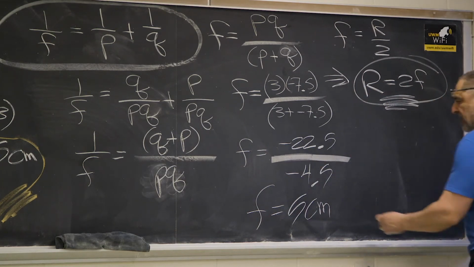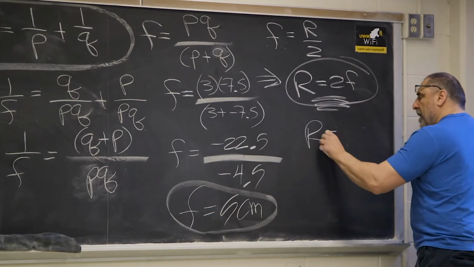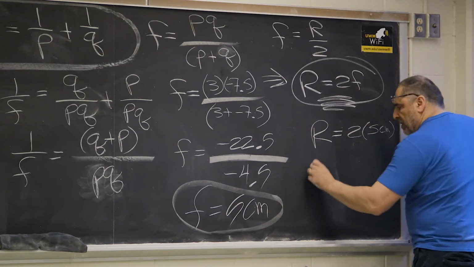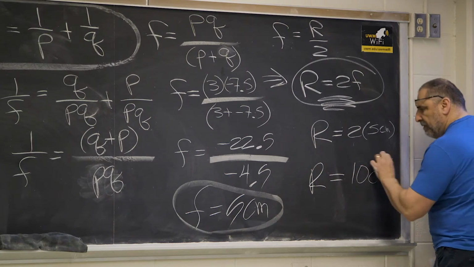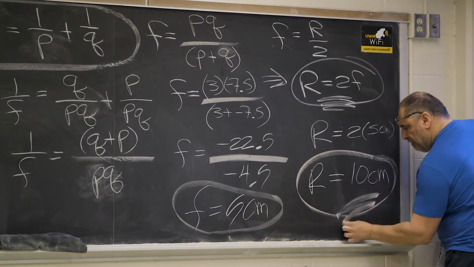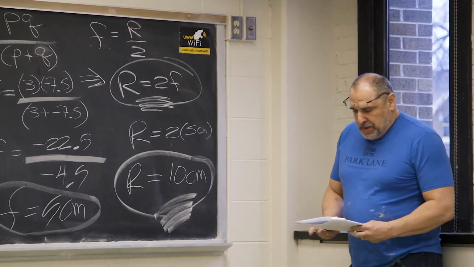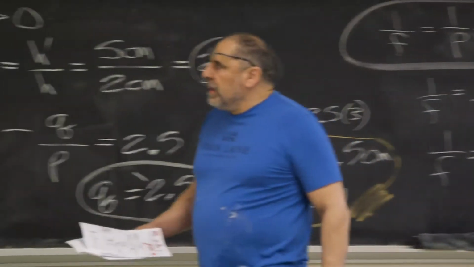Yeah, looks about right to me. So you go here, 2 times the 5 centimeters. Well, without further ado, R is 10 centimeters. So that's number 11 for us, guys. That's kind of the process.